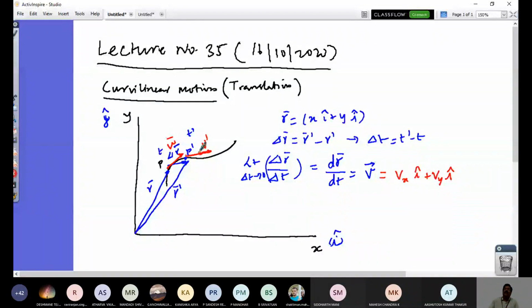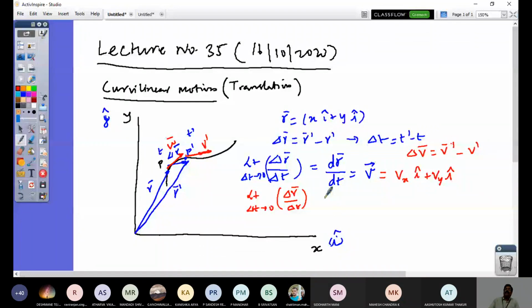Now I can define another parameter. What is the acceleration of my particle executing motion? That is again the limit delta t tends to 0 of delta v by delta t. Delta v here is v dash vector minus v vector, divided by delta t.